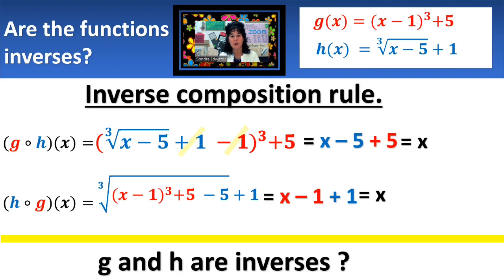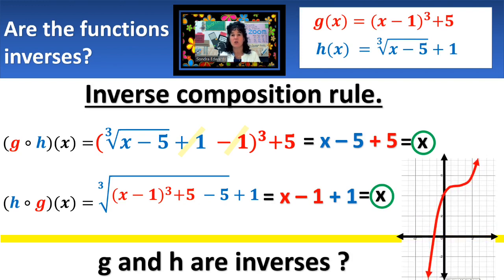There's one other prerequisite that we have to make sure we have, and that is the g function, that function is 1-to-1. So remember, 1-to-1 means that this function passes both the vertical and horizontal line test. Another way to think of that is every x has a unique y, every y has a unique x.